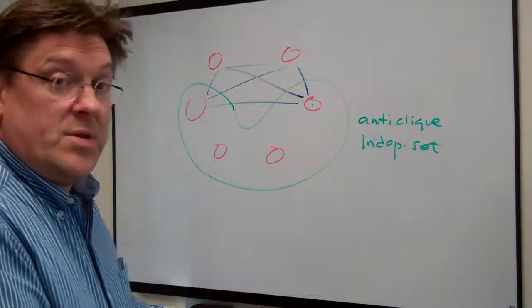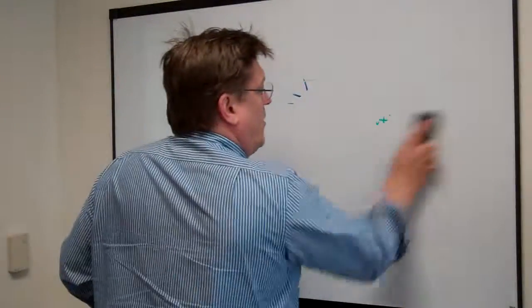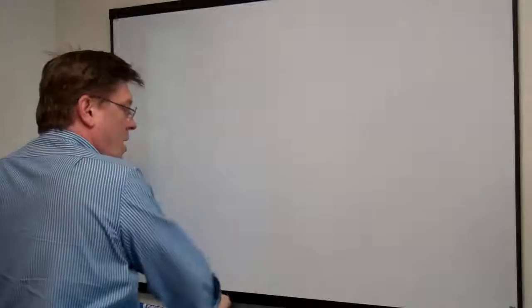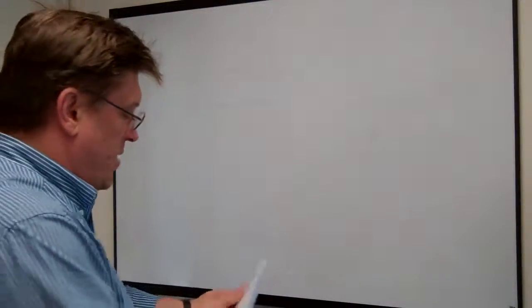The next thing we have to understand is what a Ramsey number is. A Ramsey number is the minimum number, an integer, the minimum number of nodes to satisfy a couple of conditions. So we'll take the case of clique and anti-clique.